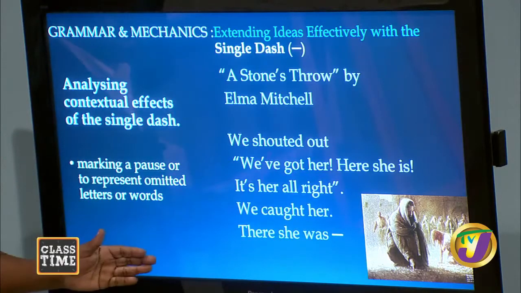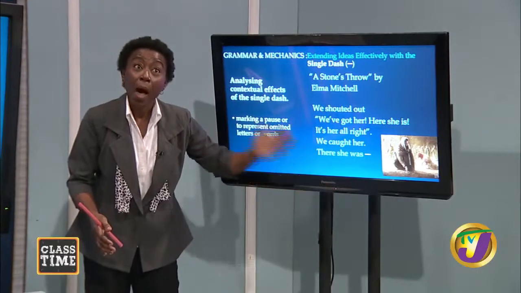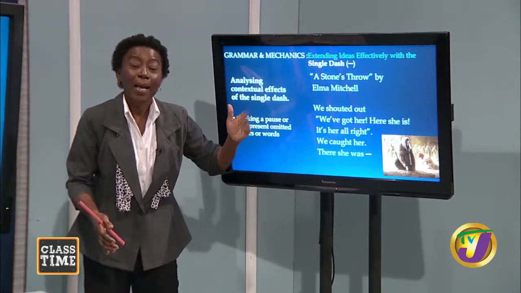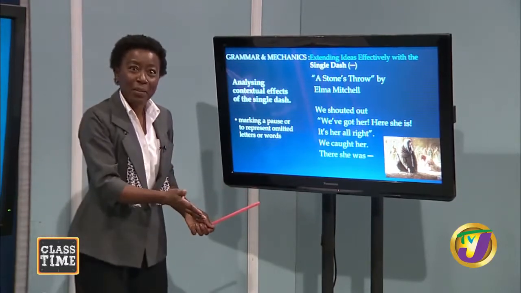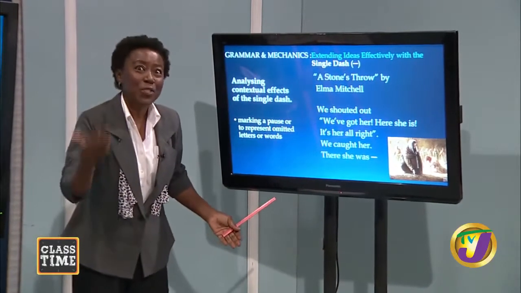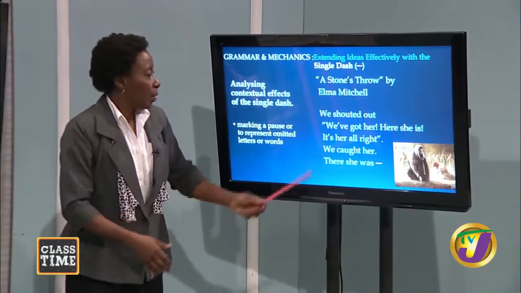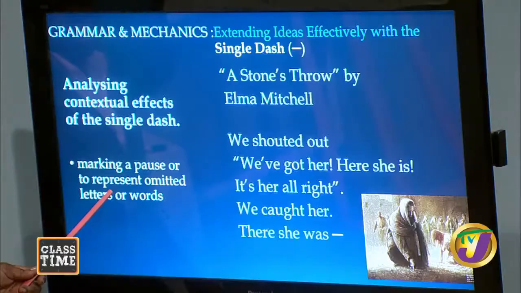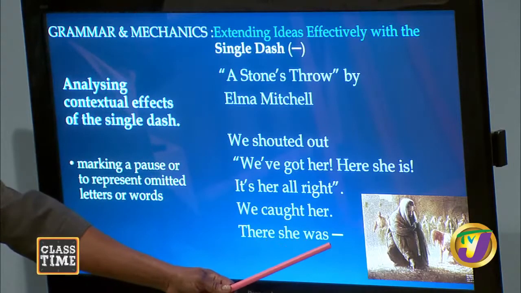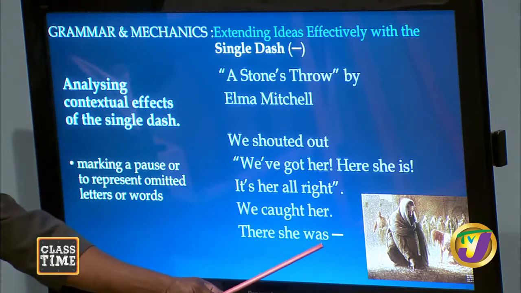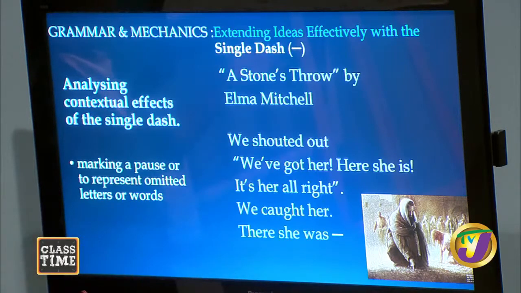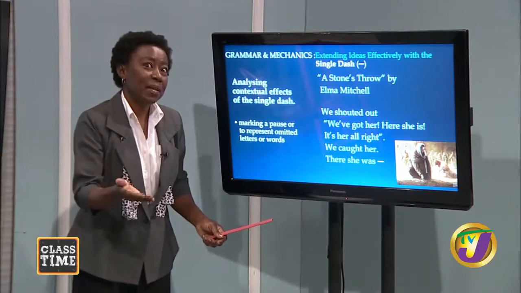So the poet is saying, there she was. Huh? It's open. I have left you in writing to decide what to think. Omitted thought, dramatic, purposeful, dash. It is inviting the reader to consider the spectacle.